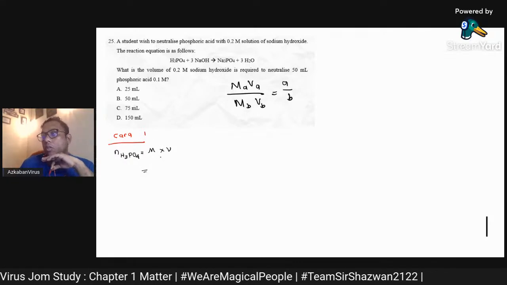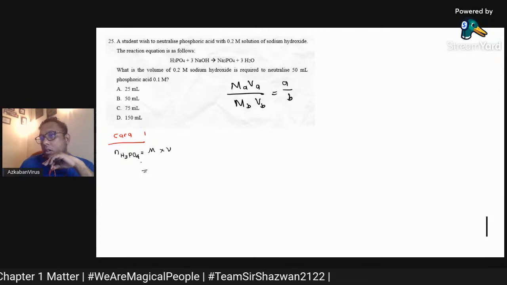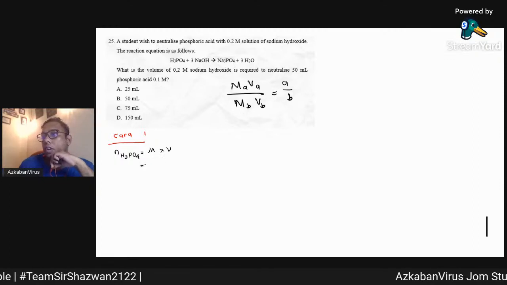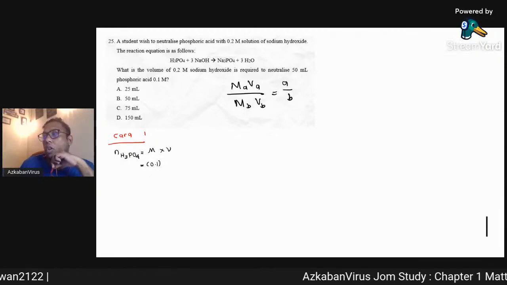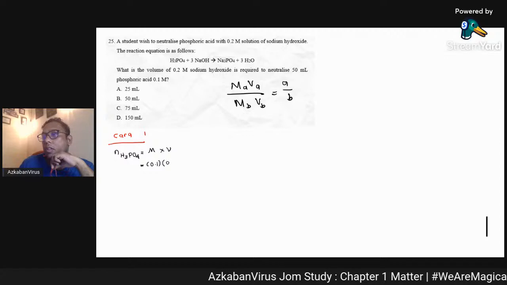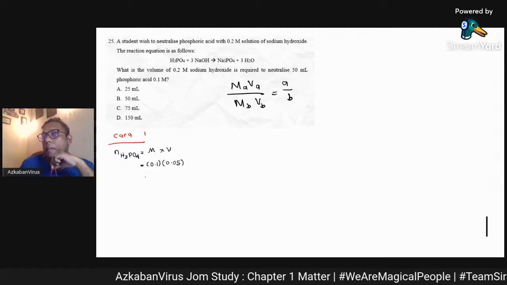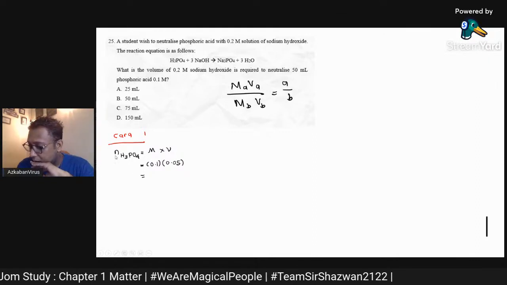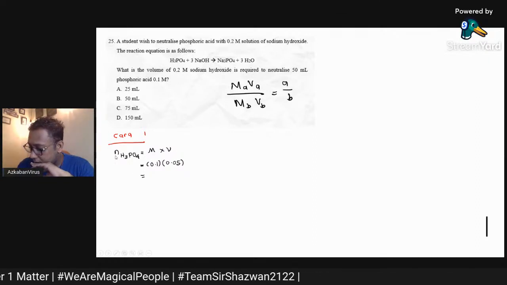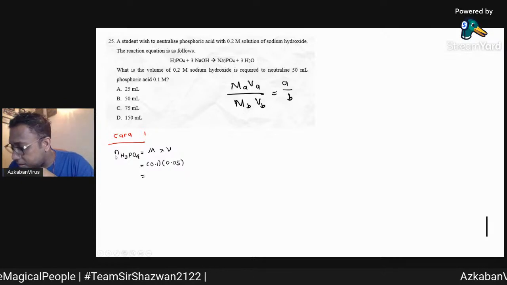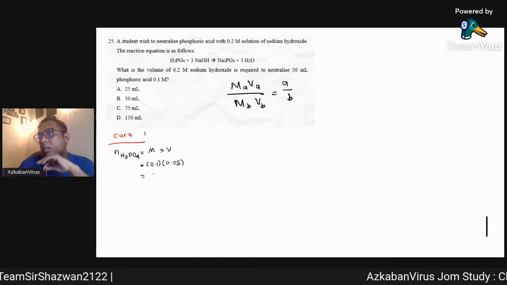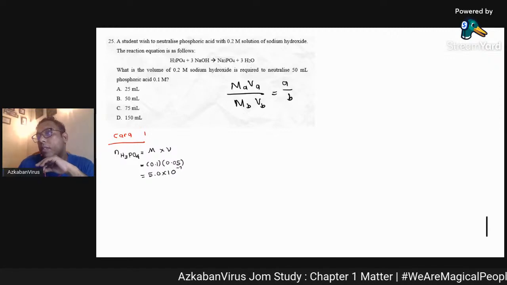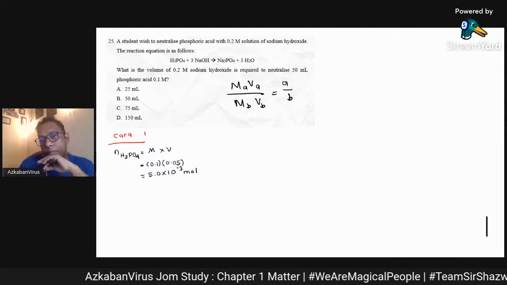This is equal to molarity kita adalah 0.1. Volume kita masih dalam liter adalah 0.05. This is equal to 5.0 times 10 power of -3 mole.